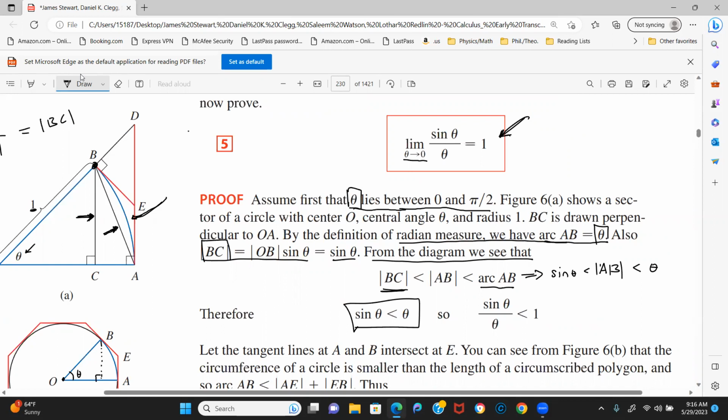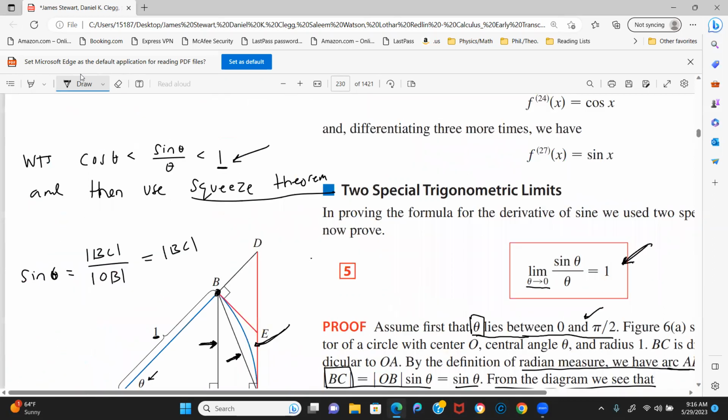And then if you divide both sides by theta, which is fine, because we're assuming that theta is between 0 and pi over 2, so it's a positive number, we're not going to change the sign of the inequality. When you do that, you get this right here. And that's half of the inequality we need. We got this part of the inequality. Now we just need this other half, and then we can apply the squeeze theorem to prove the limit.